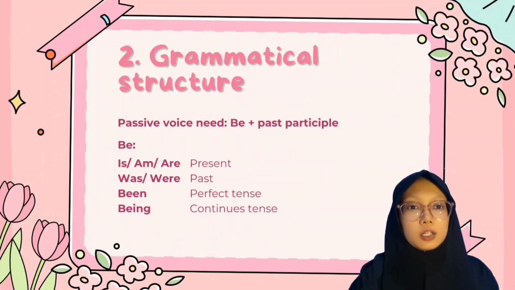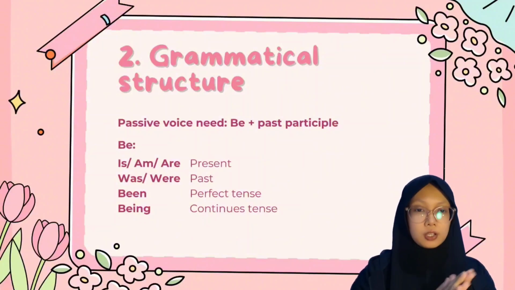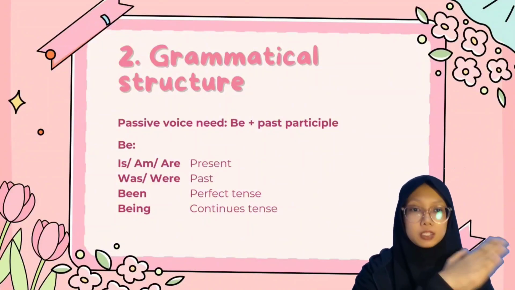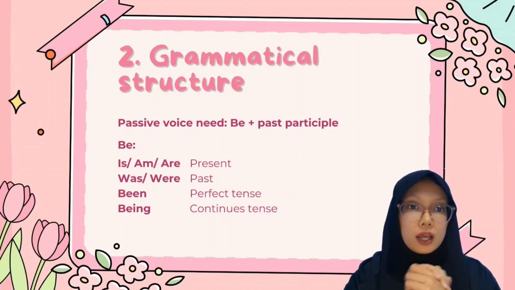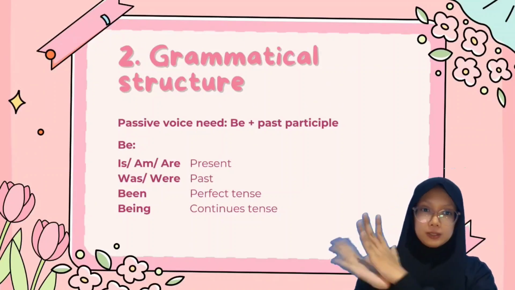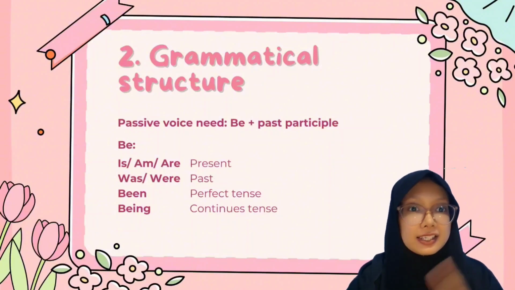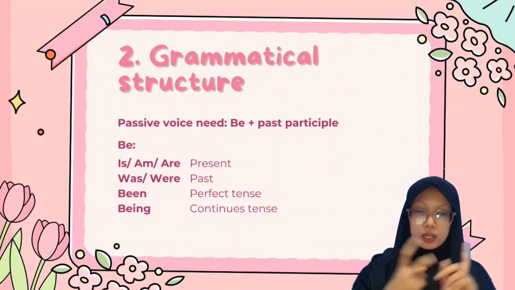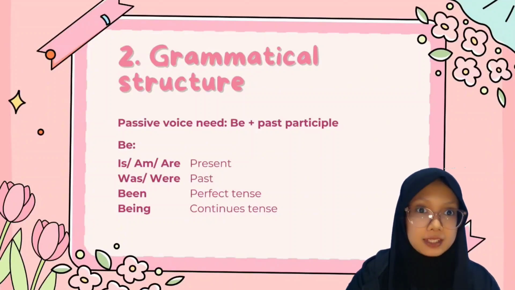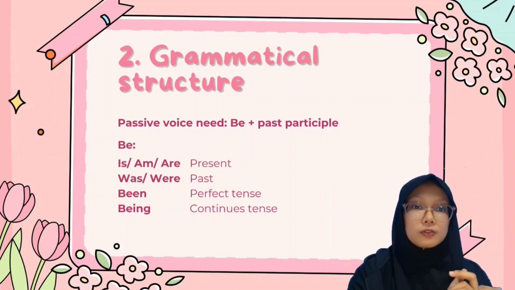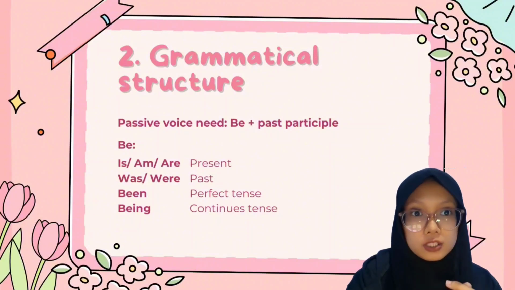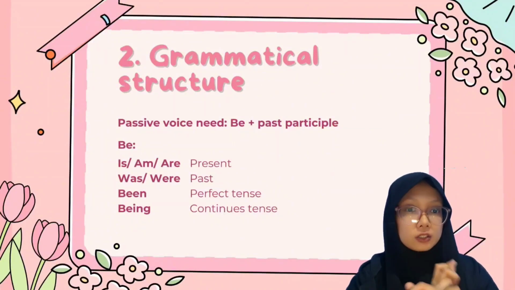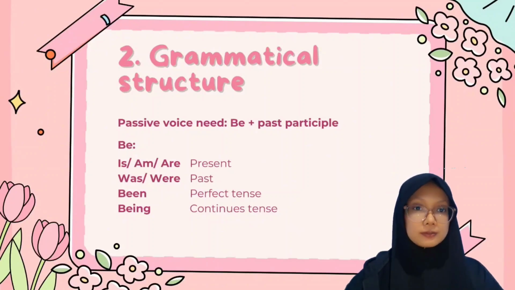Okay, and then we learn about the grammatical structure. When you find the passive voice, you need be and past participle. And these are the forms of the be. Alright, there is, am, are in present, was and were in past, been if you use the perfect tense, and being for the continuous tense.